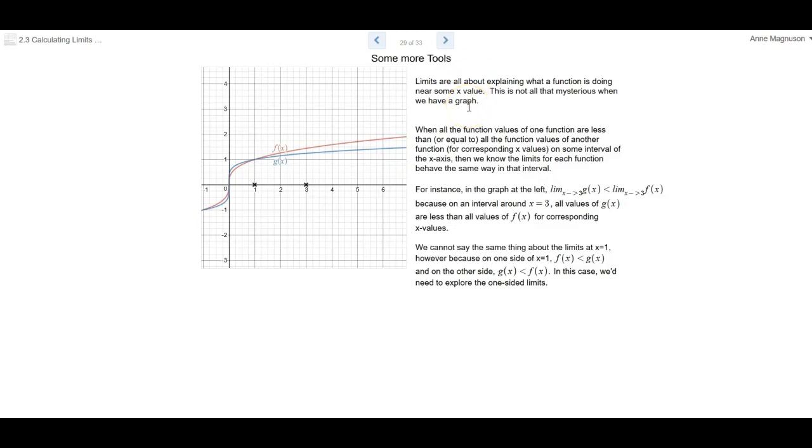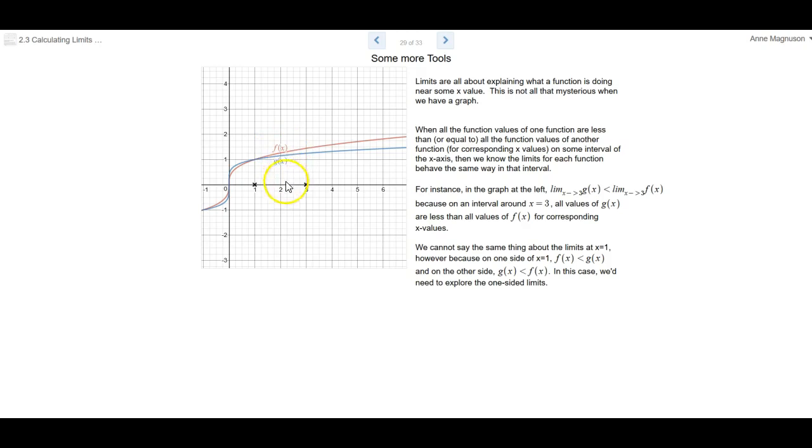A couple more tools we talk about in this section: since limits are really just talking about the y values of functions on a graph, this rule is telling you that if all the y values of one function are less than all the y values of another function for some interval on the x-axis, then the limit of g of x would be less than the limit of f of x.